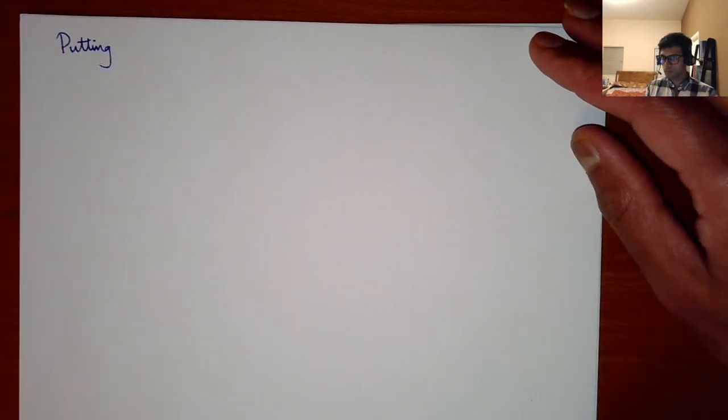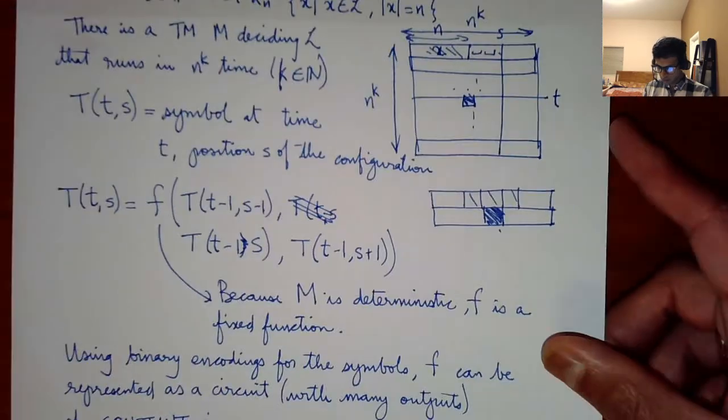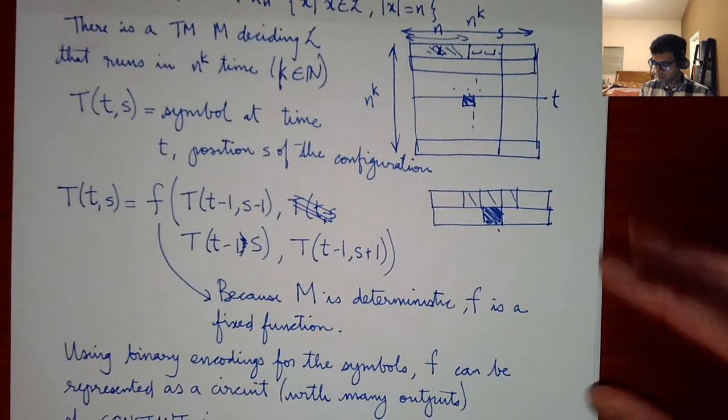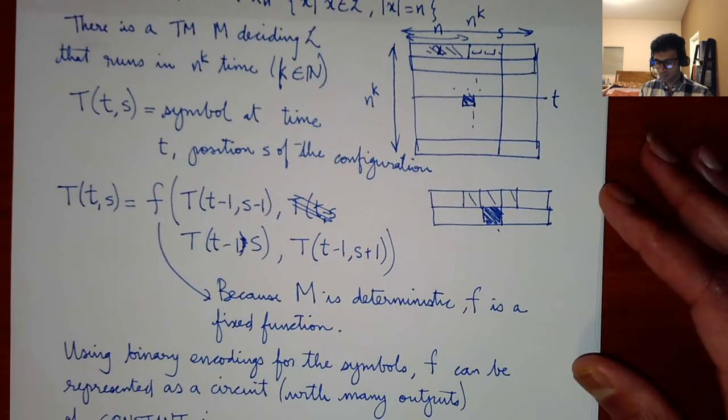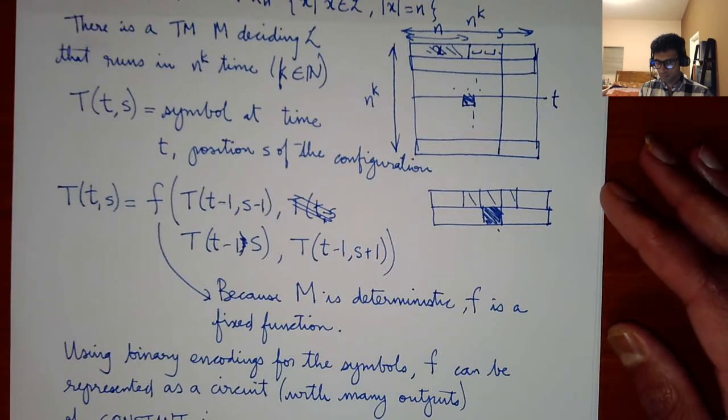Quick question. For the, we're saying that we can make a circuit using the previous three, or like the previous value and the neighboring two values. Yes. Next value of it. Yes. But what about if the head of the Turing machine has some state associated with it as well? That's not represented in this tableau.